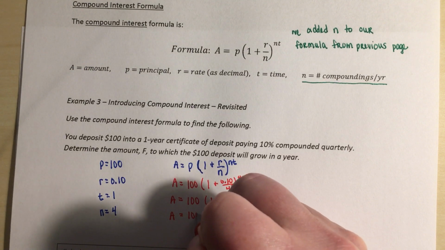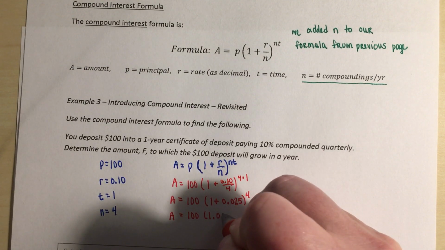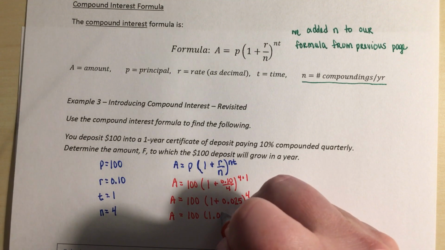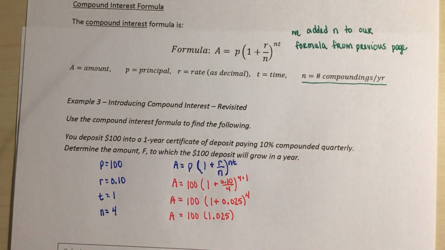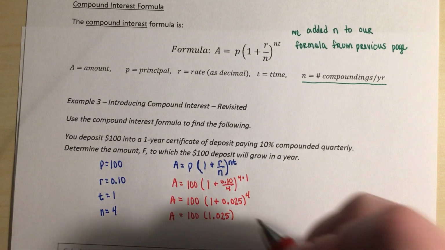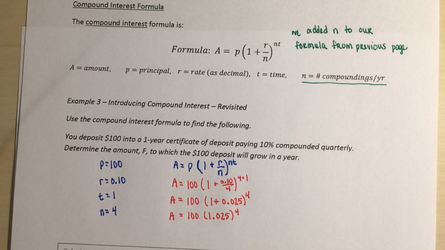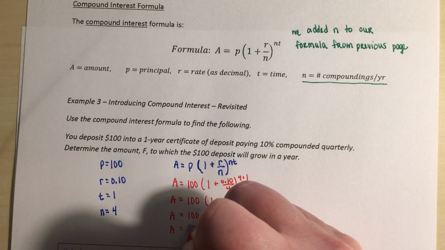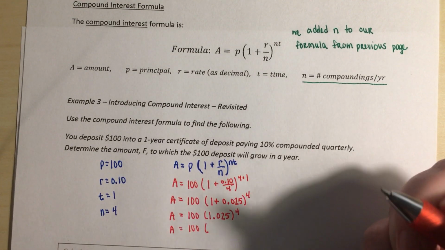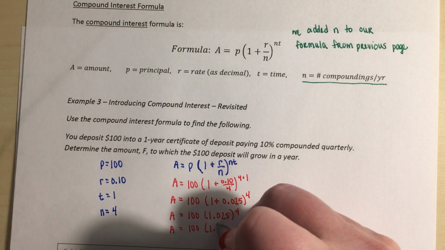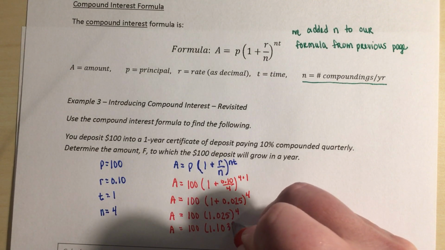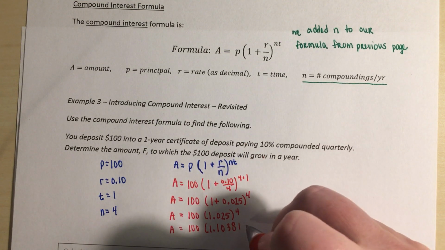Then we're going to have 100 times 1.025. We're going to add these two together, so we get 1.025 to the 4th power. Then into our calculator, we're going to take this 1.025 to the 4th power, and we're just going to keep a bunch of the decimals that we have here, 1.103813.